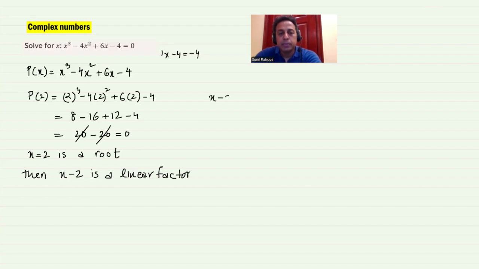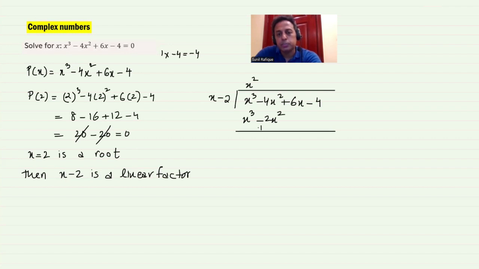So put x minus 2 outside and let's perform the long division. x cubed minus 4x squared plus 6x minus 4. Multiply this with x squared. This gives me x cubed minus 2x squared. And you need to subtract the lower expression from the top one. It's going to be minus 2x squared plus 6x minus 4.